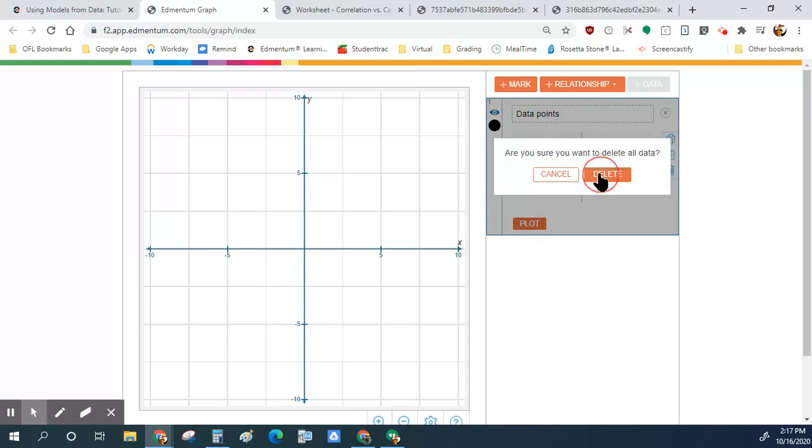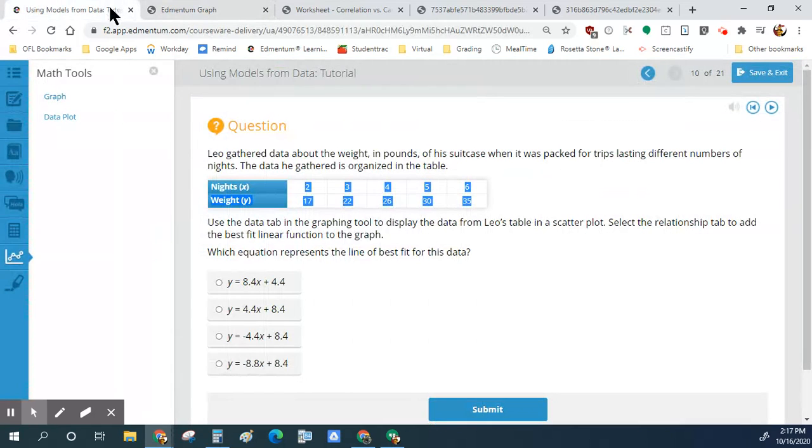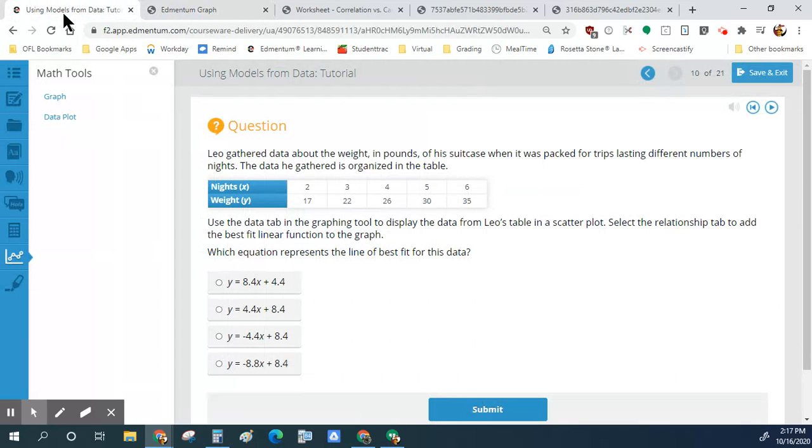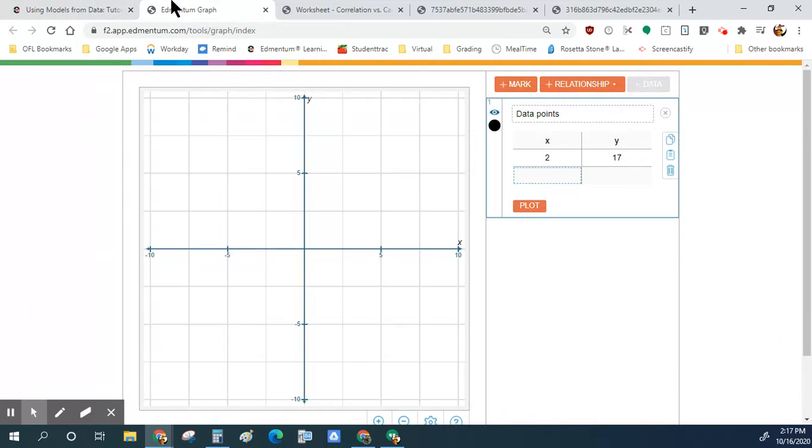The way we can do this easily, just know what your X's are: 2, 3, 4, 5, 6. That one's easy. Oh, I have to do it in pairs. 2, 17. I'm going to hit the tab button, 17. Tab, it goes to the next one, 3, tab, 22.